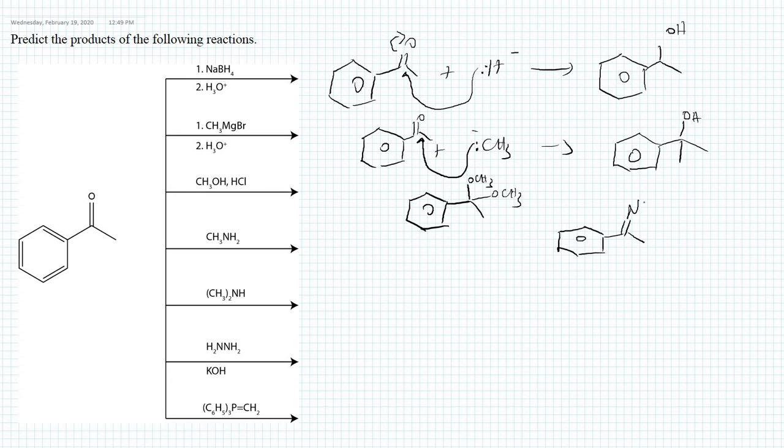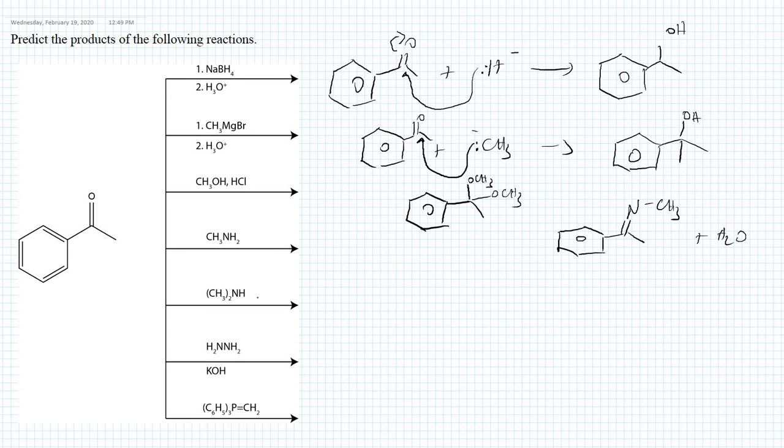Sorry, it's going to be a methyl group there. Plus here, let's write water. So basically, the particular thing about imine formation: when a ketone reacts with a primary amine, we form a carbon-nitrogen double bond here, plus one water molecule.